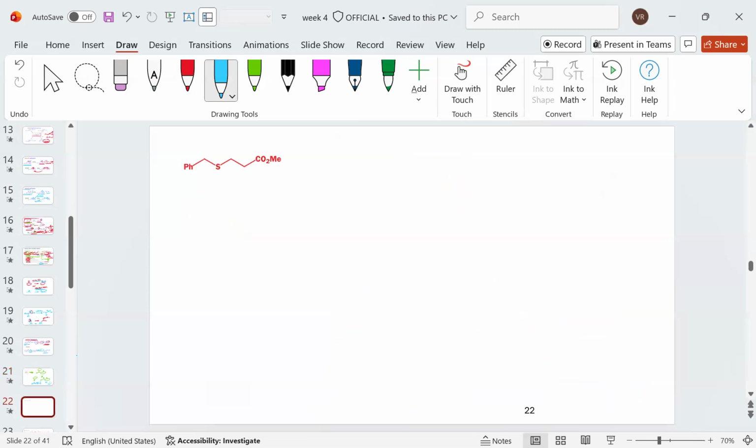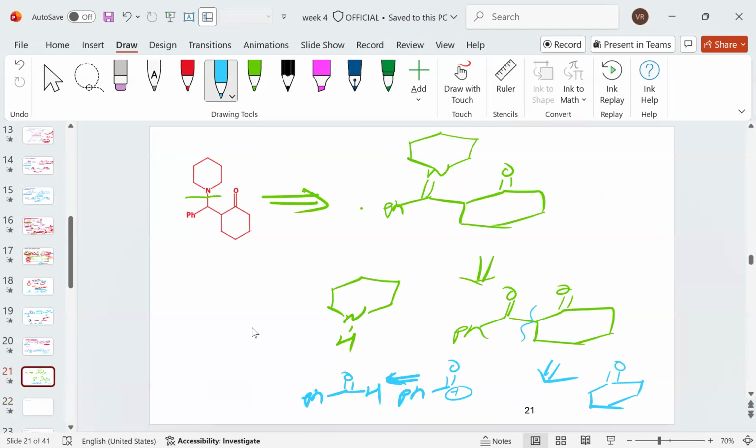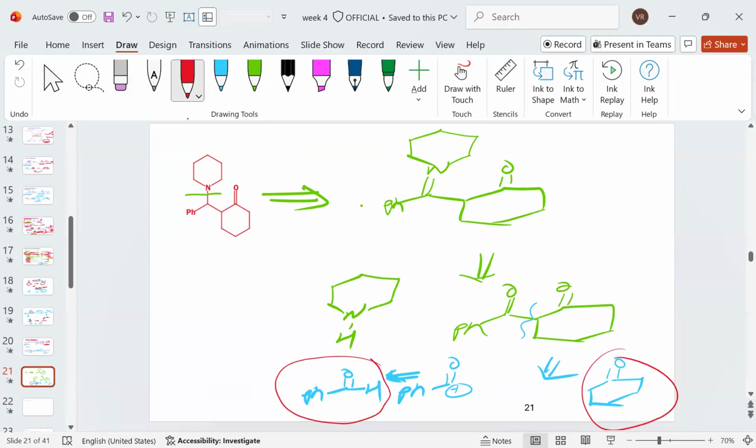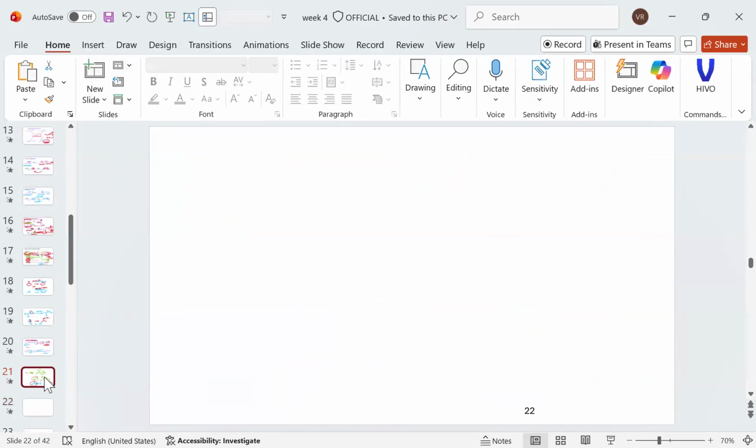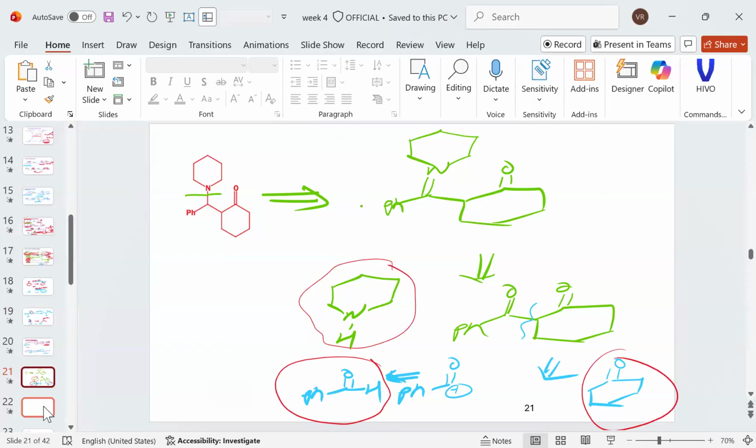If you look at the retrosynthesis, sorry, linear synthesis for this molecule, these are the two starting materials, which are the benzaldehyde and this ketone, and also this is again one starting material. So if you want to do the linear synthesis for this molecule, how can one do it? Just select the benzaldehyde.